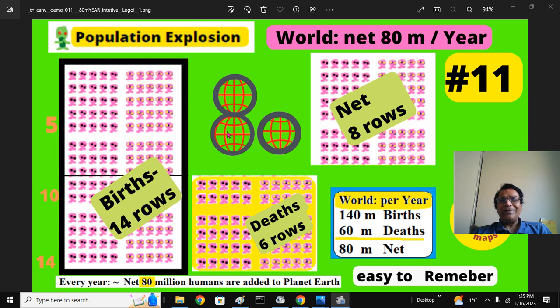On the planet Earth, you see the globe, the Bhumata, this is 8, you can say 0, 8. Remember this, very easy to comprehend. A net of 80 million are added.